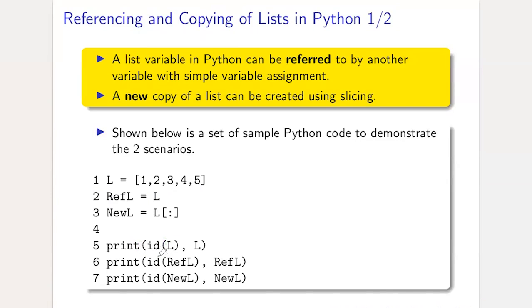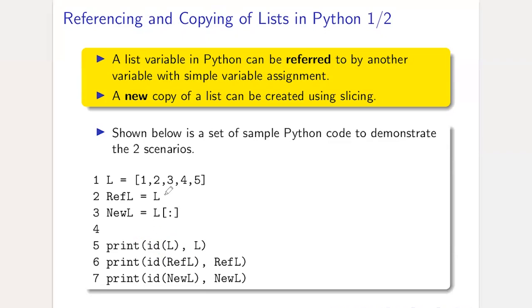When we pass a variable as the argument, this function ID will tell us the memory location of that variable in our computer's memory.